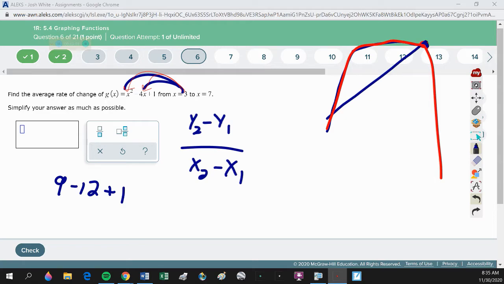So when I plug in 3, I get negative 2. Okay, what happens when I plug in 7? So plug in 7, I get 49 minus 28 plus 1. So that's 49 minus 27 is 22.